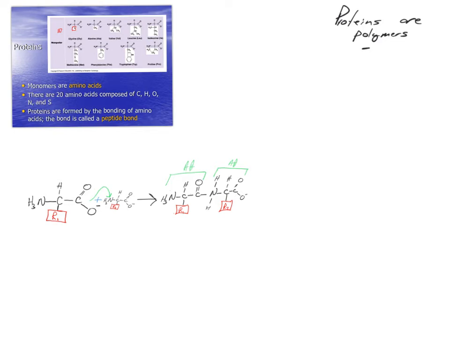All right, so this thing, you see this line here, this thing that connects the 2 amino acids, that's this line right here. You see it, that blue line? That's called a peptide bond.